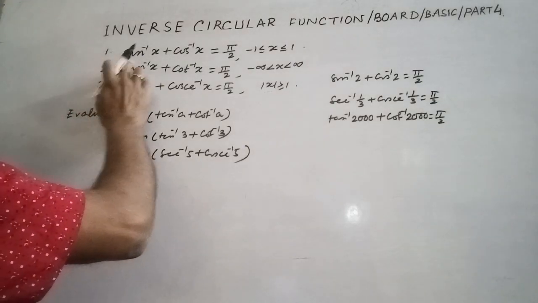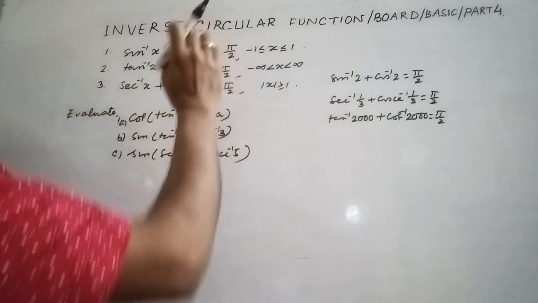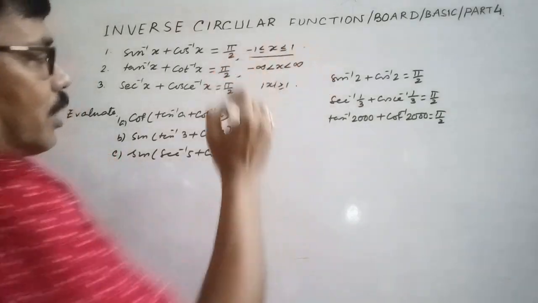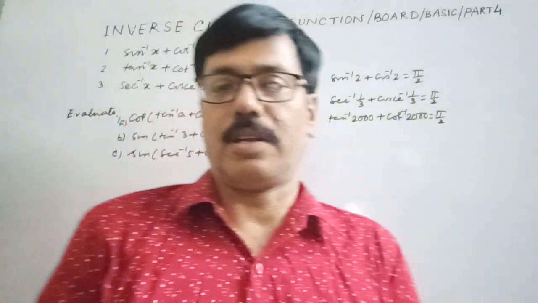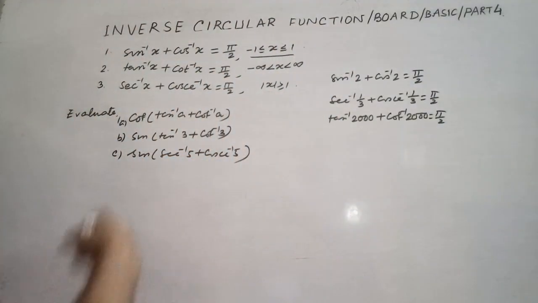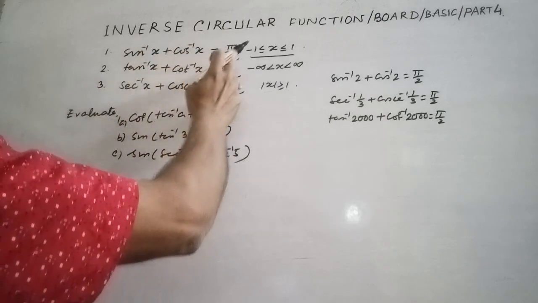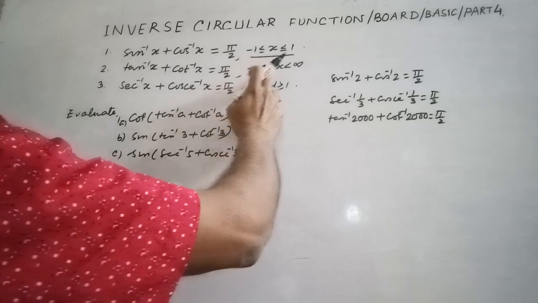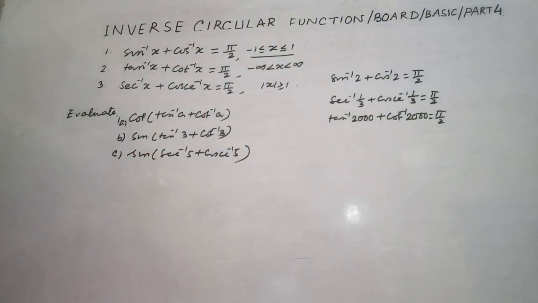Sin inverse x plus cos inverse x equals pi by 2. This restriction should be noted: x lies between minus 1 to plus 1. Tan inverse x plus cot inverse x equals pi by 2, where x belongs to minus infinity to plus infinity.